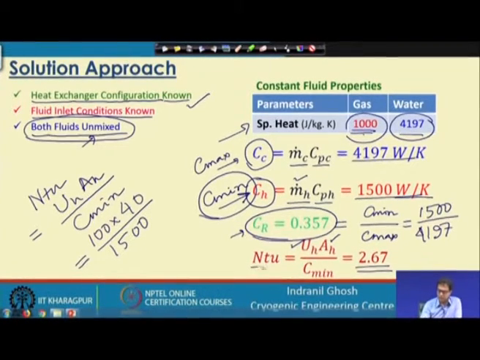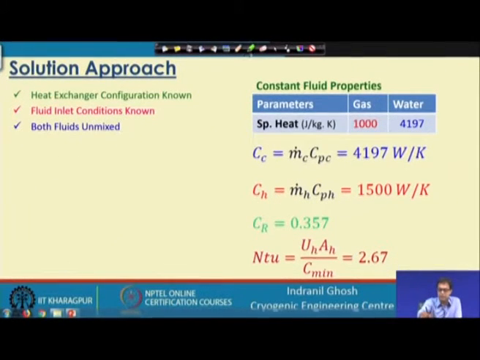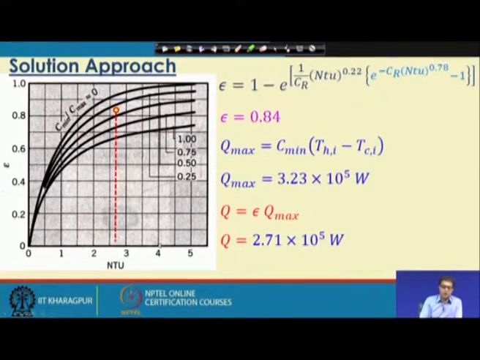So, now when we know the NTU, we should be able to ideally calculate the epsilon, and from there we will try to find out the other values. So, let us look at what we have for this configuration. There are two approaches. Again, we can take help of the chart for the epsilon NTU as it has been shown in the earlier case.